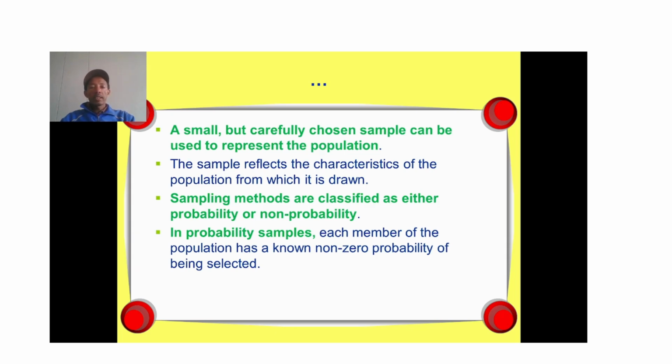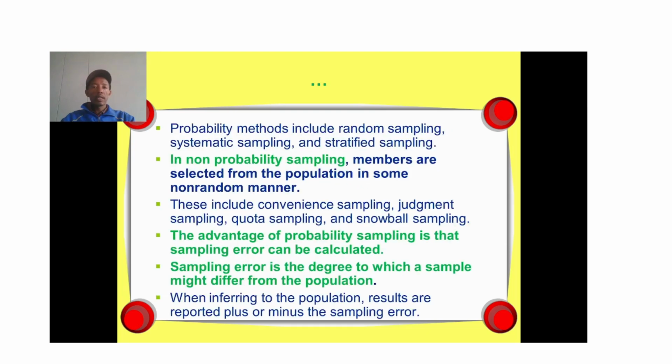Sampling techniques are classified as either probability or non-probability. In probability sampling, each member of the population has a non-zero probability of being selected. So there is some chance of being selected. Probability sampling methods include simple random sampling, systematic sampling, stratified sampling, multistage sampling, and cluster sampling.